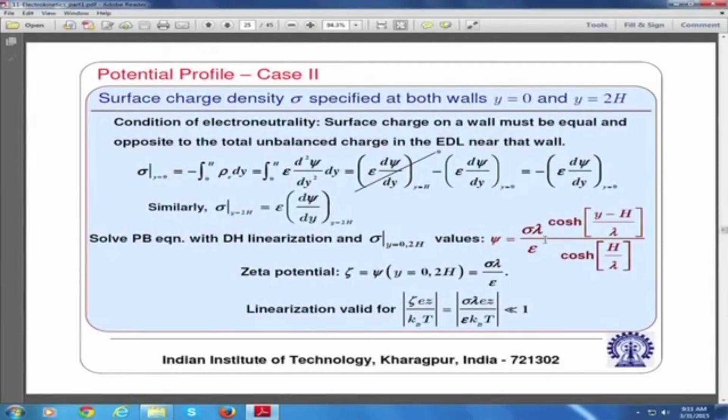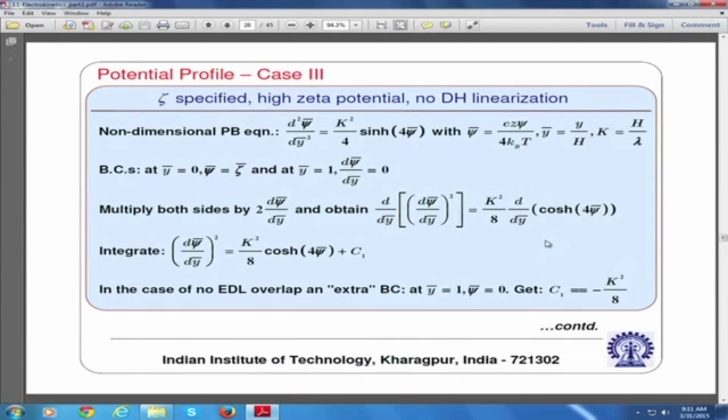Now, we have discussed potential profiles with Debye-Huckel linearization for two cases. In one case the potential is specified, in another case the charge density is specified. But what about a general case when the linearization is not possible?